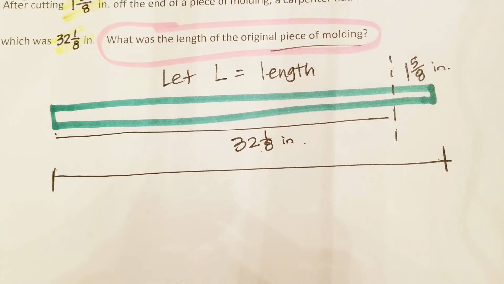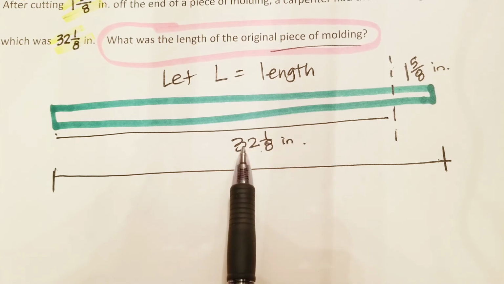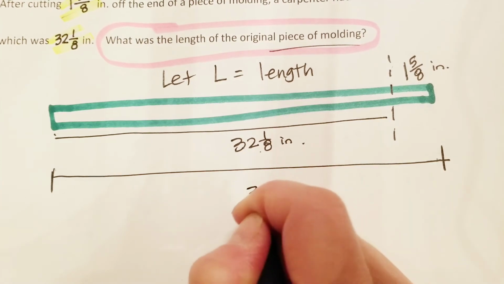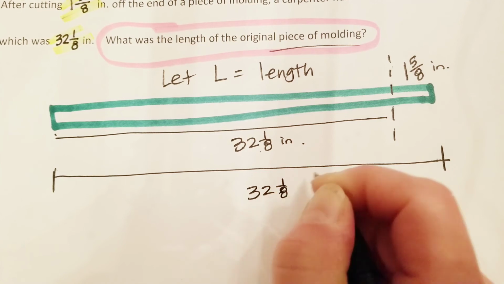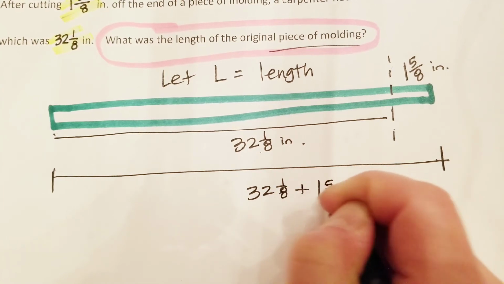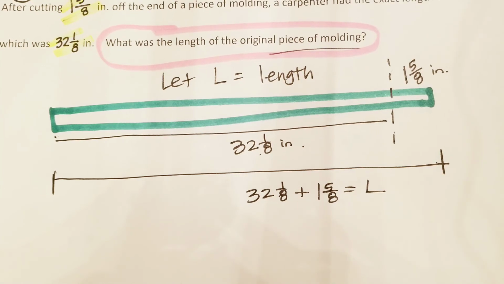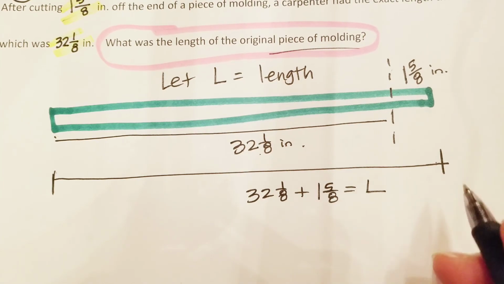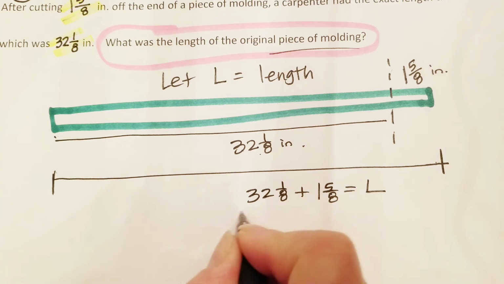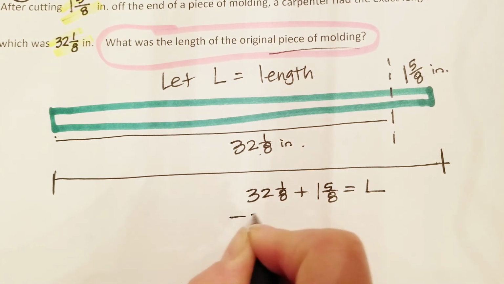But for the sake of algebra, they want an equation, so a couple equations that could work here would just be 32 1/8 plus 1 5/8 equals L. That'll give us our length. Or we can flip it around and subtract.